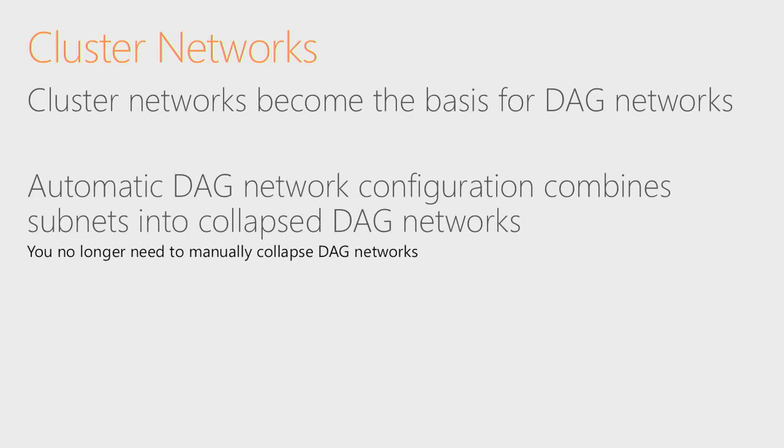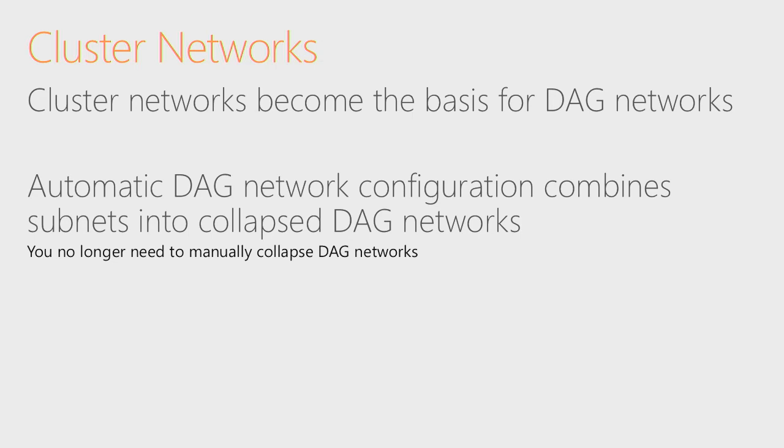That's the property of the DAG network. That translates into cluster as a network that is enabled for client use and enabled for cluster use. So we can bind IPv4 addresses to it. It can host a cluster name, and that is what should correspond to the public network within that cluster.